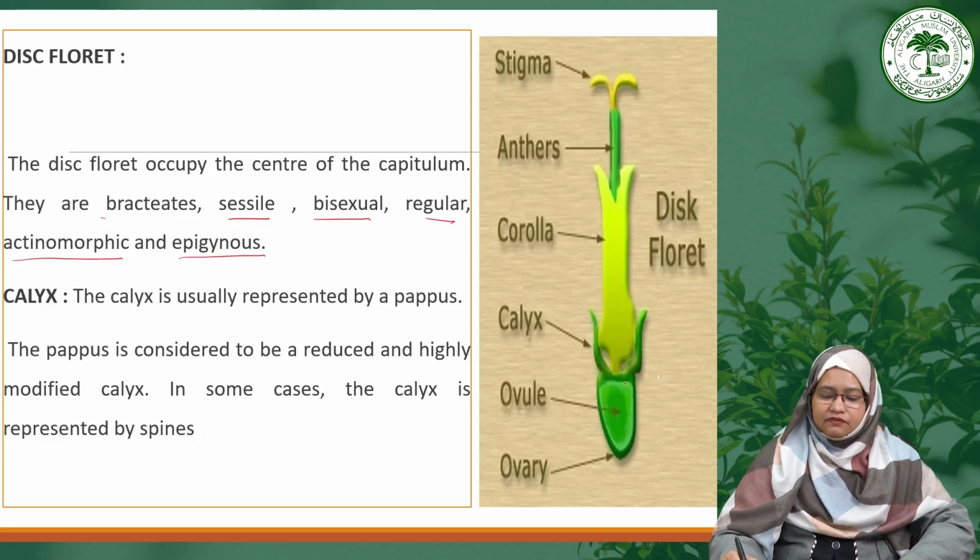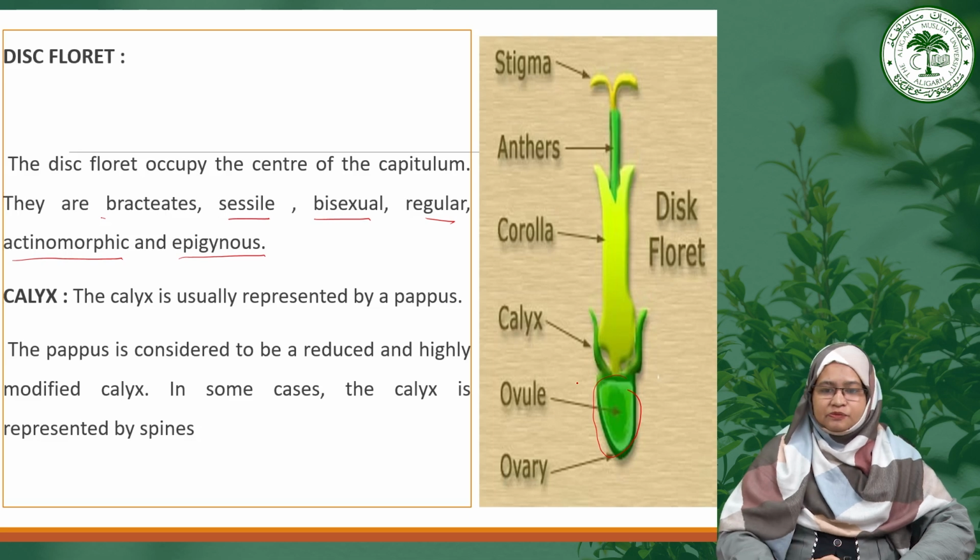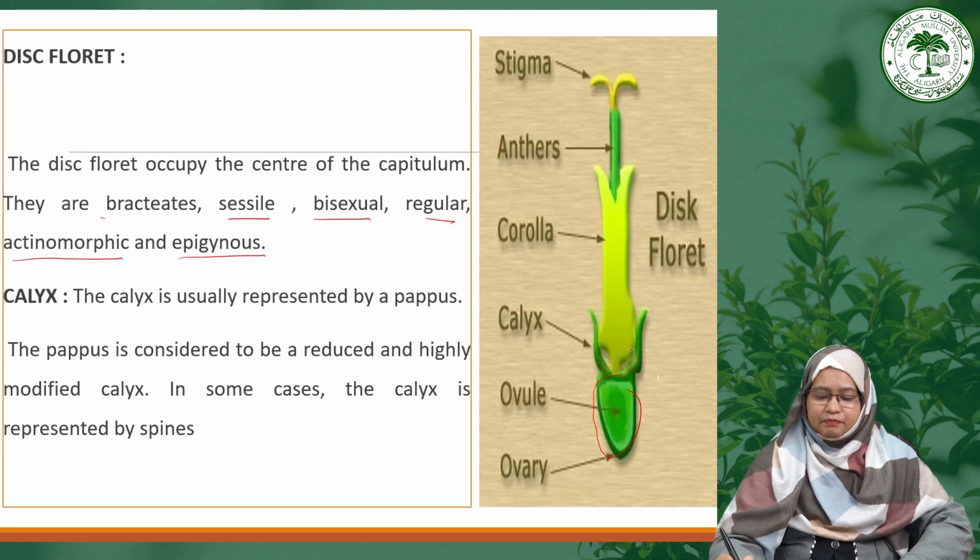As you can see, the ovary is in an inferior position. The calyx is usually represented by the pappus, the hairy structure.